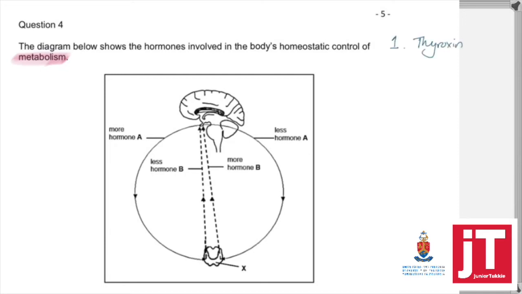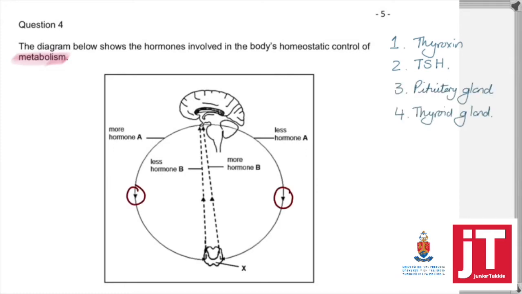So one, we know thyroxine is involved in the body's regulation of metabolism. We know that somewhere in this process TSH is involved, thyroid stimulating hormone, and we know that the two glands that are involved here, particularly in this homeostasis, are the pituitary gland and the thyroid gland. All right.